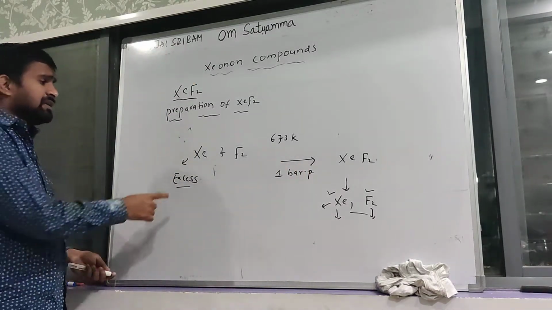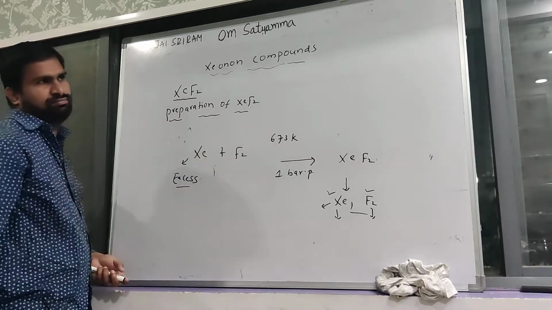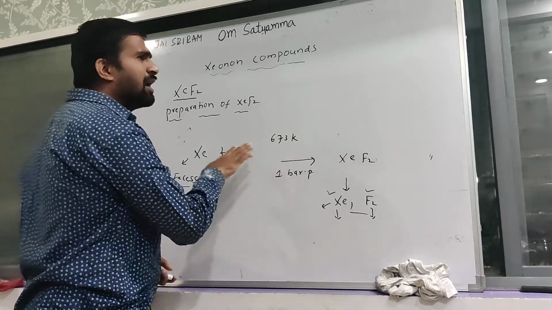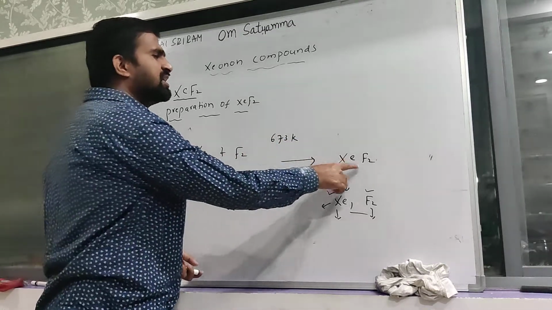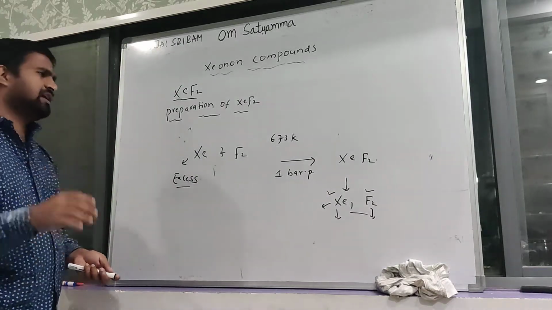Excess of xenon reacts with fluorine at 673 Kelvin and 1 bar pressure. It gives xenon difluoride.